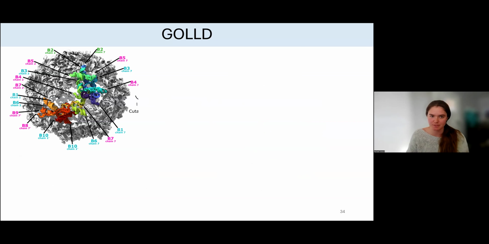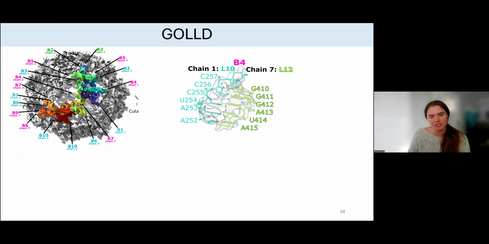I'm just going to show you some of the intermolecular interactions. For example, in B4, which is right here, it is a very classic, what we call kissing loop. These two chains have two loops that are complementary to each other.